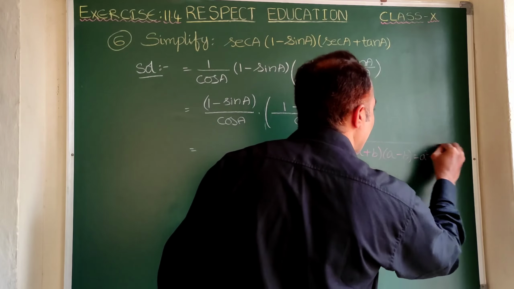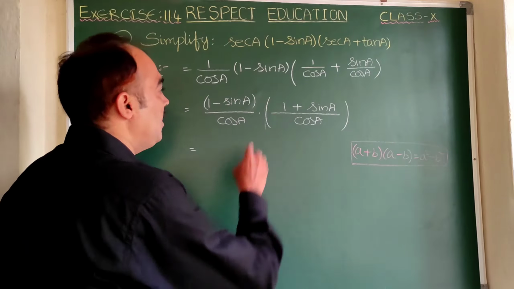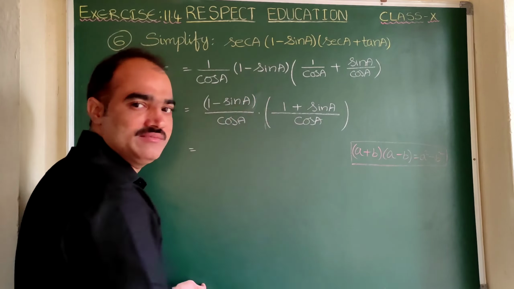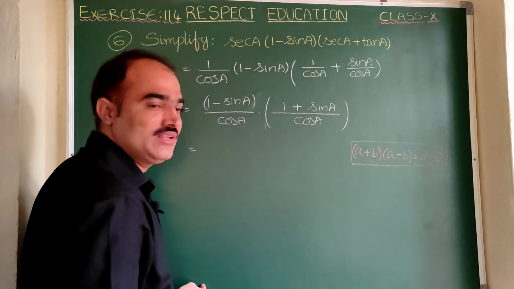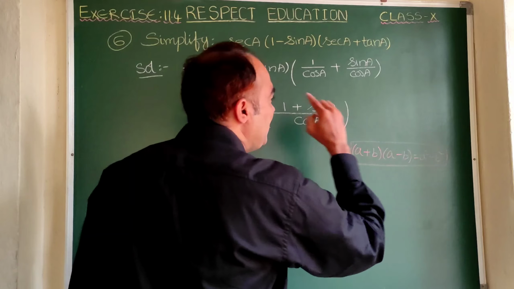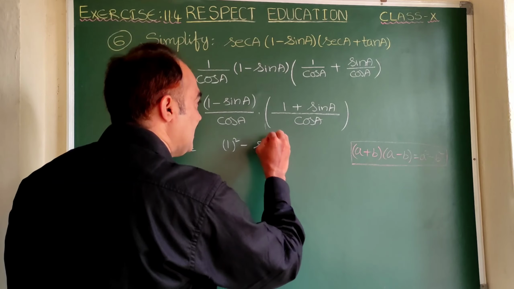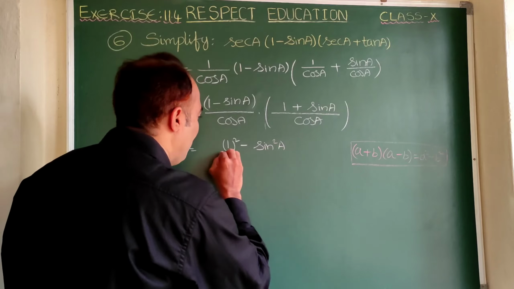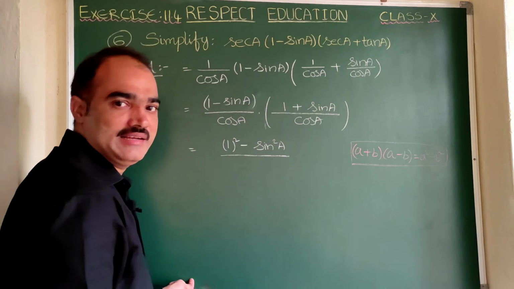Based on this formula, let us rewrite 1 plus sin A into 1 minus sin A as, here A is 1, B is sin A. Now tell me, what is A square? 1 square, minus, what is B square? Sin square A. Actually it is sin A whole square. It can be written as sin square A by, let us multiply denominator into denominator, cos A into cos A.